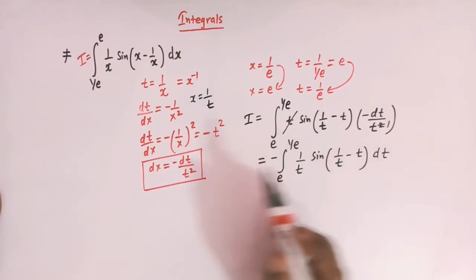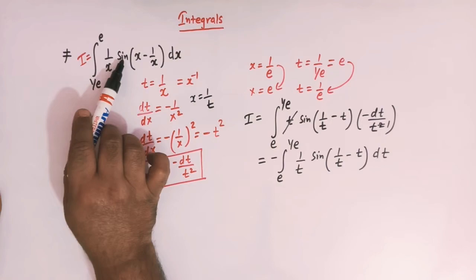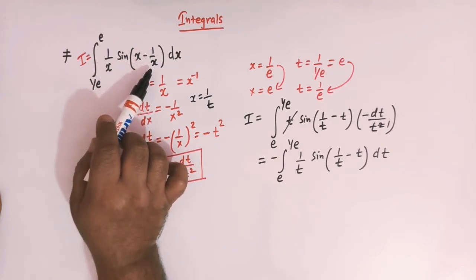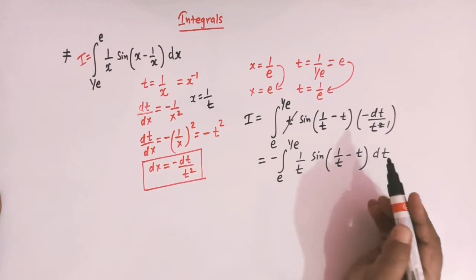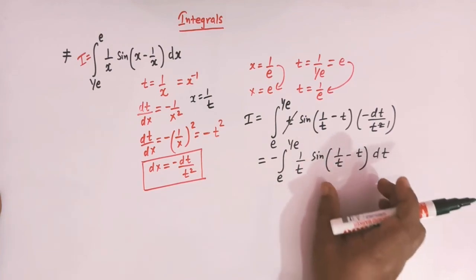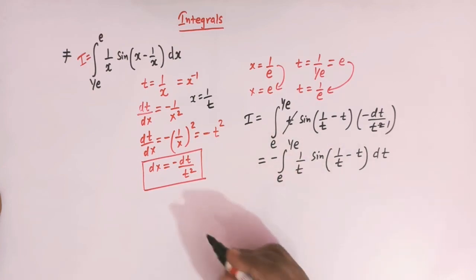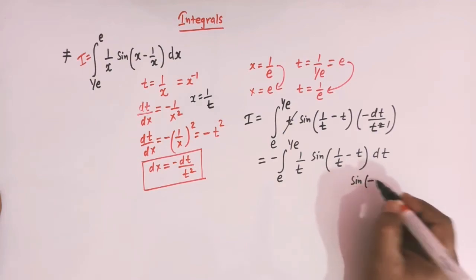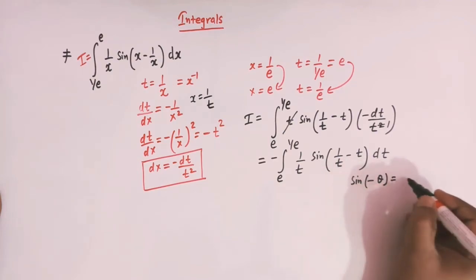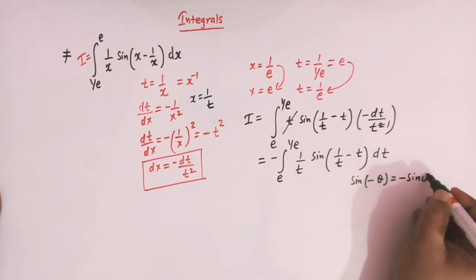In the original integral we have sine (x minus 1 over x), and here we have 1 over t minus t. So we make use of one important result from trigonometry, that is sine of minus theta is equal to minus sine theta.